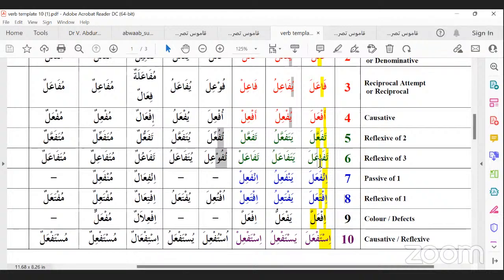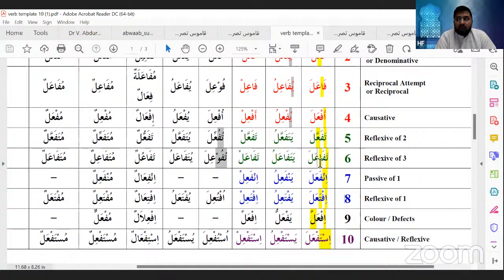Like in Surah Asr, it says, wal asr, innal insana lafi khusr, illal ladhina amanu wa amilus salihati wa tawasaw. The word tawasaw means to give advice or admonishment to each other. It's a weak letter verb, so I'm not going to teach you that, but it is on this pattern. So that gives the meaning of trying to do things and exchanging between two individuals.